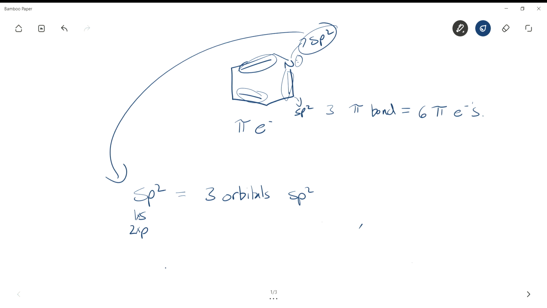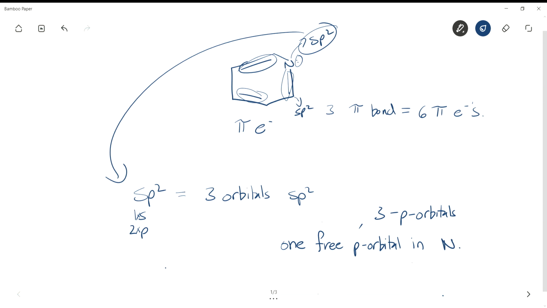Now, you also have to remember how many p orbitals each shell can have, and that is 3 p orbitals per shell. If there's 3 p orbitals per shell and I've only used 2 to hybridize, that means I have 1 free p orbital in the nitrogen.